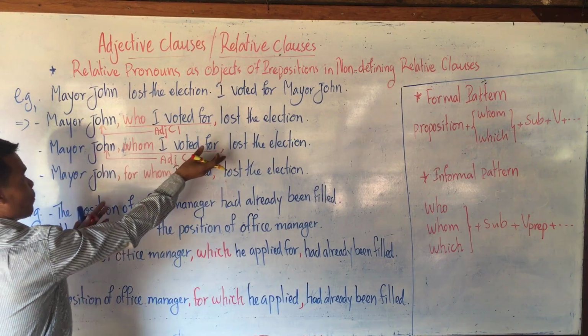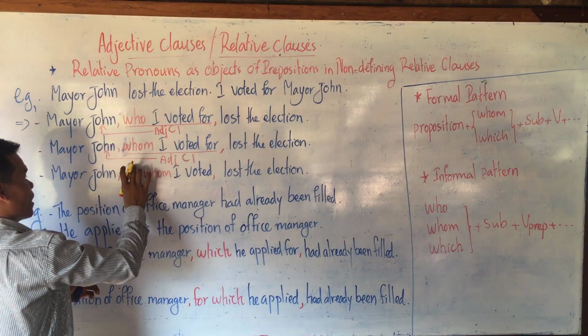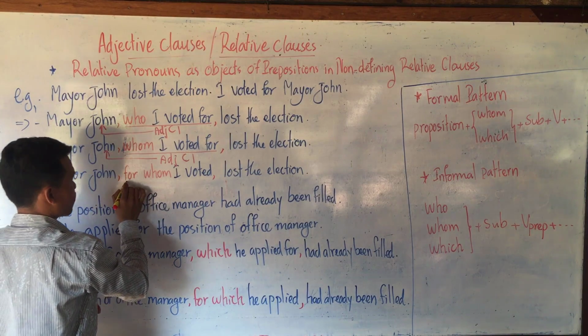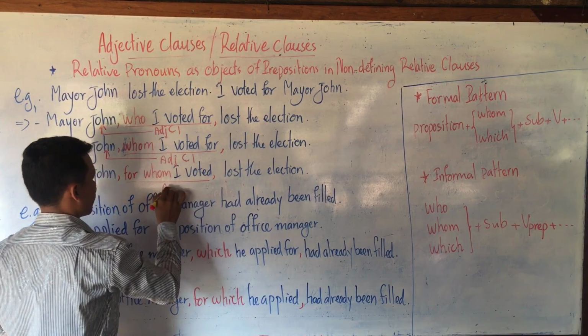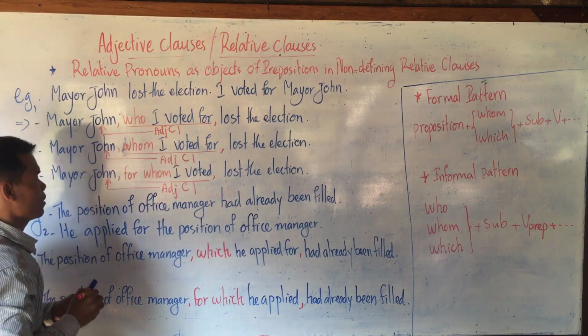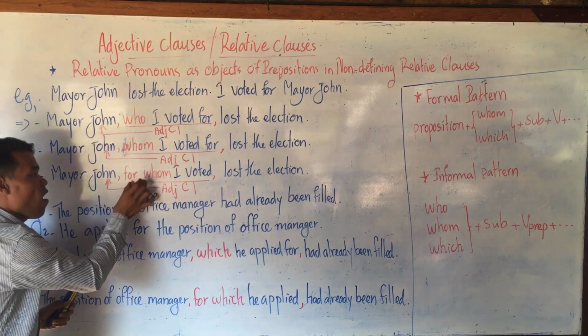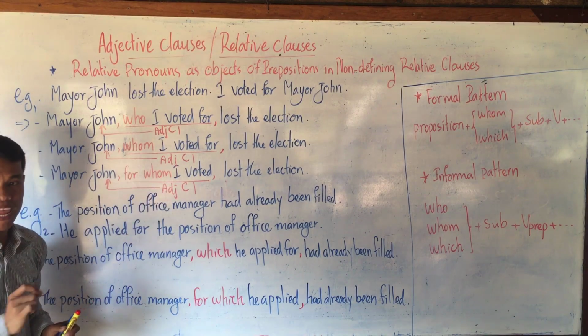And one more, you can put the preposition in front of the relative pronoun like this: Mayor John, for whom I voted. It is an adjective clause. So, of these three sentences, for whom here is the best answer.